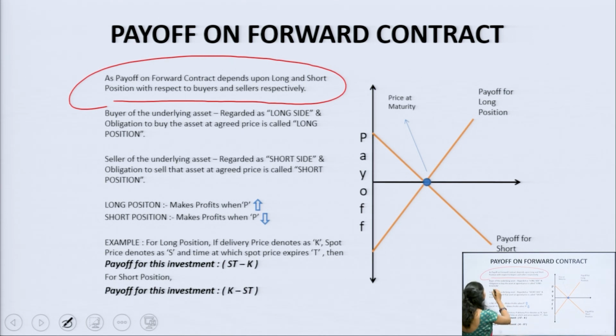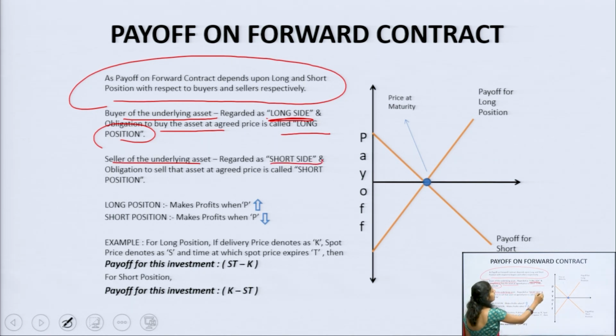So in that case, the buyer will be regarded as the long side, with the obligation to buy that particular asset, which is the long position. Vice versa, the seller is regarded as the short side, and the obligation to sell that particular asset at an agreed price is the short position.